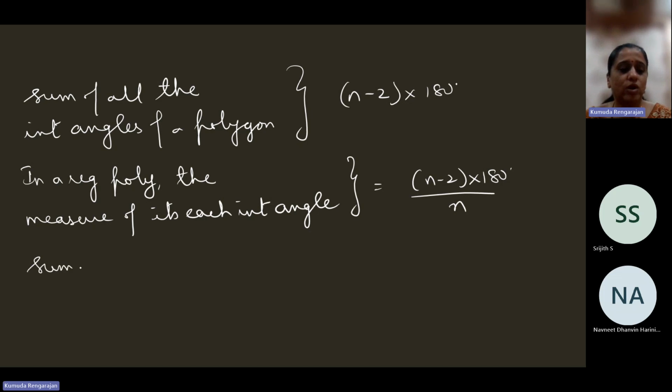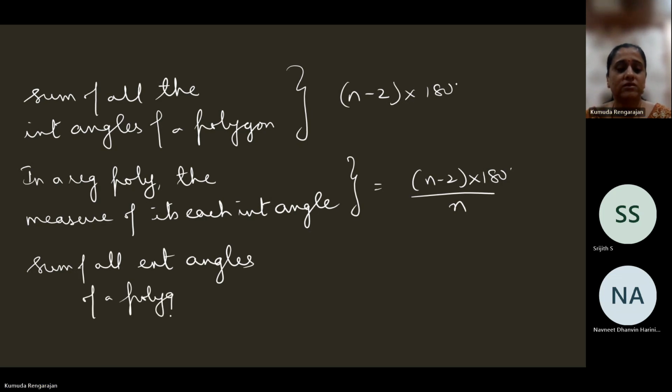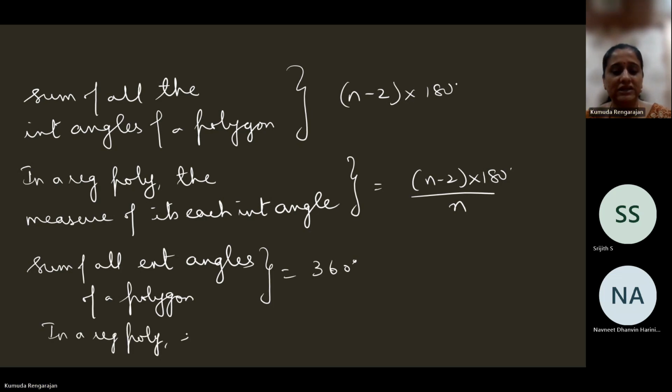Now, the sum of all exterior angles of a polygon is equal to 360 degrees. And in the case of a regular polygon, each exterior angle will be equal to, the total is 360.